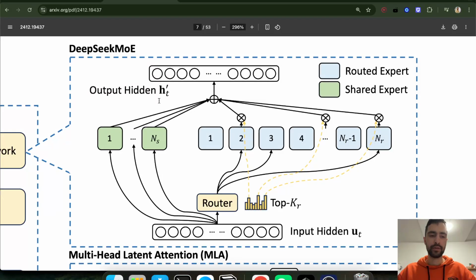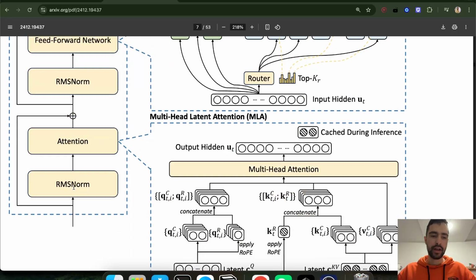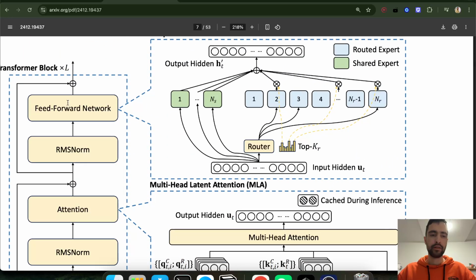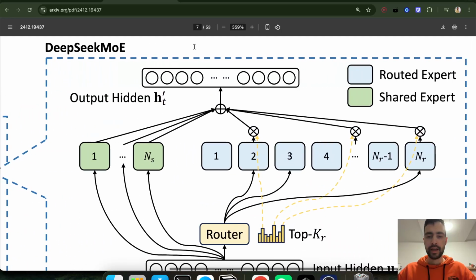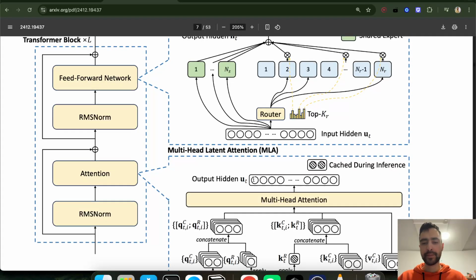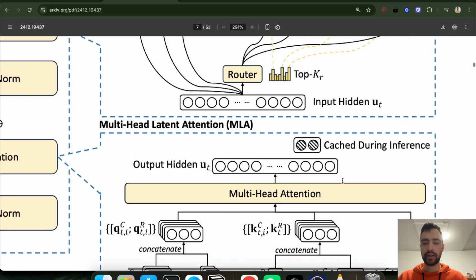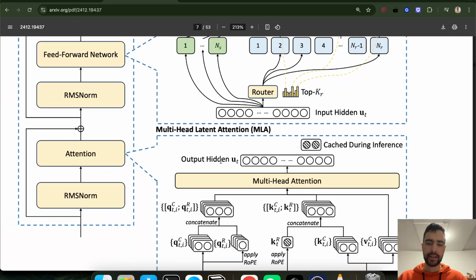Let's take a look at the second step. So we talked about attention, RMS norm. Now let's talk about the feed-forward network, which is DeepSeek mixture of experts. In mixture of experts, we are at this point, this is what the self-attention mechanism, multi-head attention, gives us.